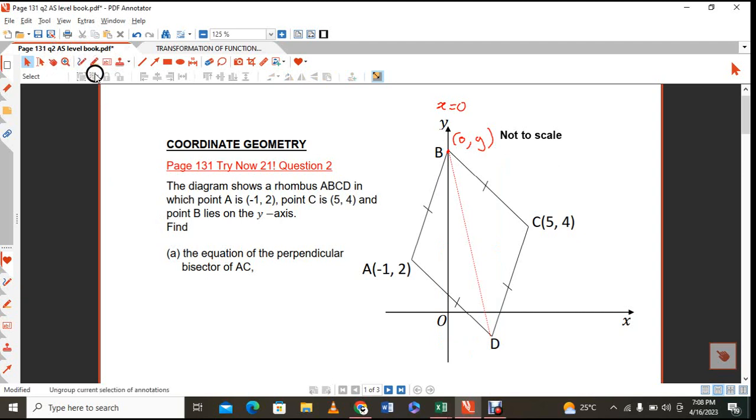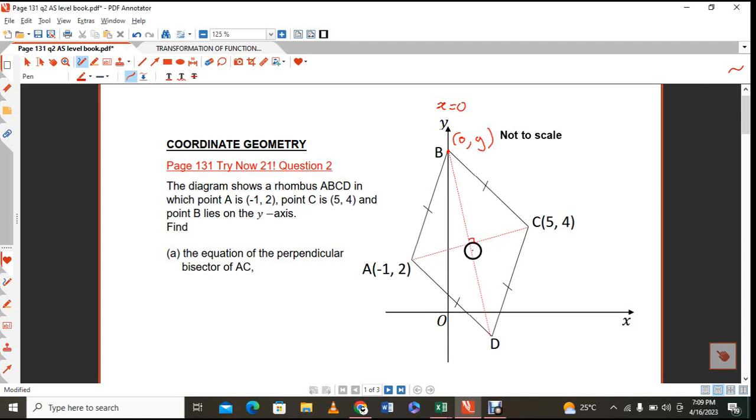Also, another thing with knowing is that in order for us to find that equation, we also need to take into consideration the points A and C. So what we're now looking for is the gradient. So another thing that you also need to take into account is that the diagonals of a rhombus, at the point where they meet, do create 90 degrees.